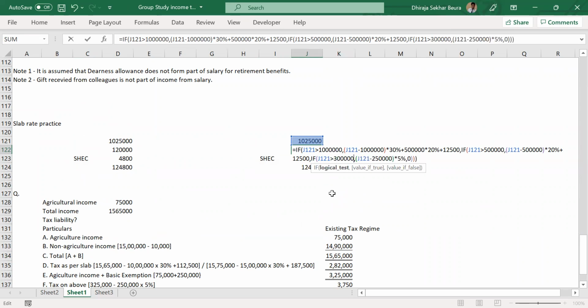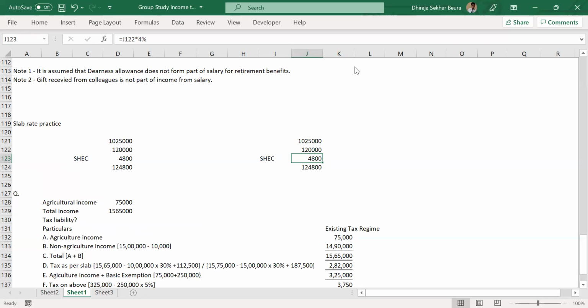Can I share my screen? This is regarding, sorry. It's the same thing, Dheeraj, as you mentioned: if it is non-resident, it should still be considered under less than 60 years, irrespective of the age. Correct.